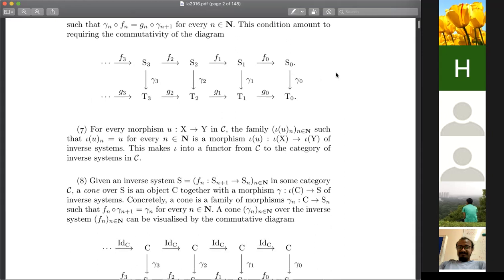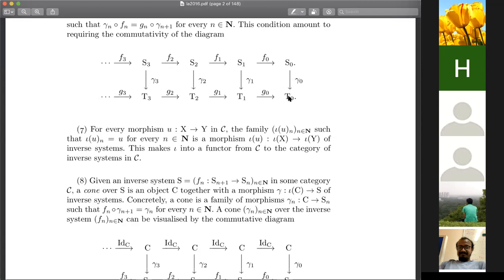And what is also true is that if I take the bottom inverse system to be the same as the top one, and I take the identity map between them, that's a morphism of inverse systems. And it's also clear that if I have a third inverse system, let's call it U, U0, U1, U2, U3, and so on, and the mappings are called H0, H1, H2, and so on.